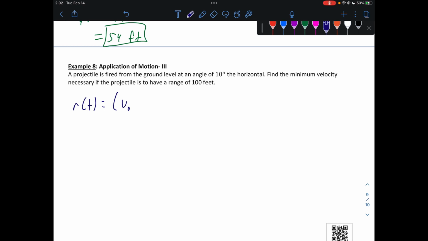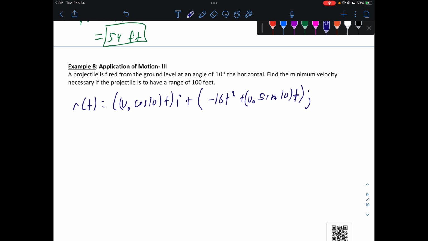So it's going to be v sub 0 cosine 10 t i plus negative 16t squared plus v sub 0 sine 10 t j, plus 0 because it's at ground level, so we have to write that down there.